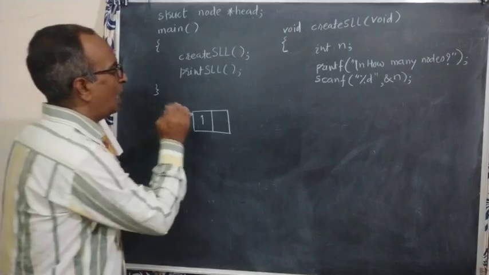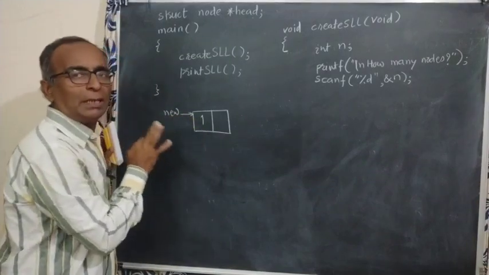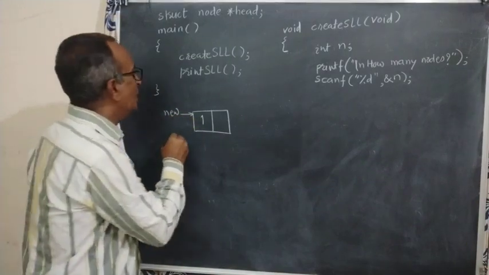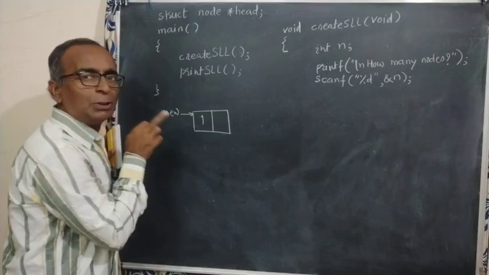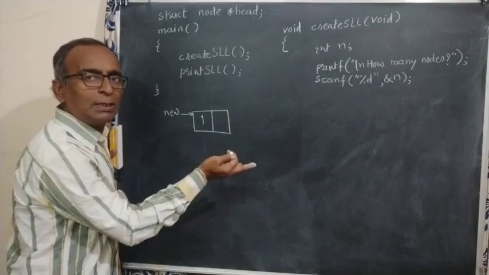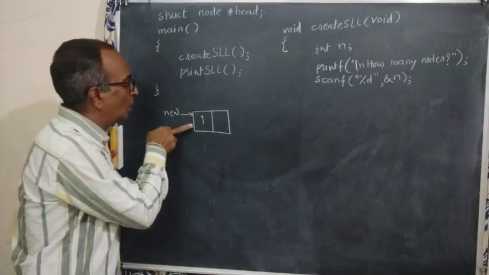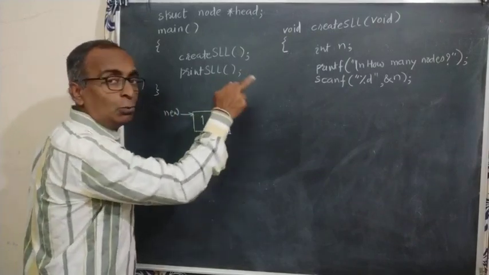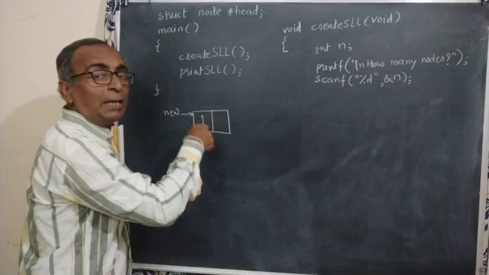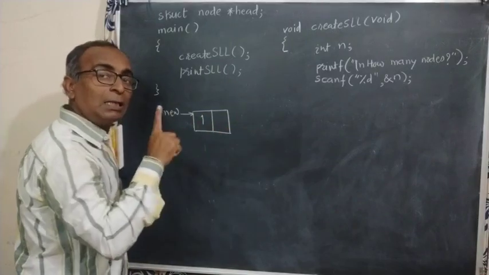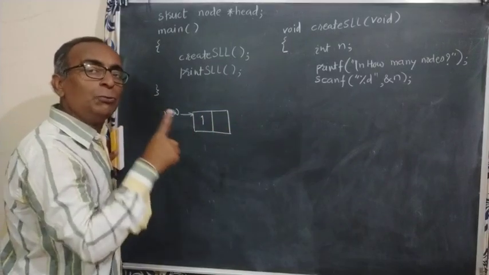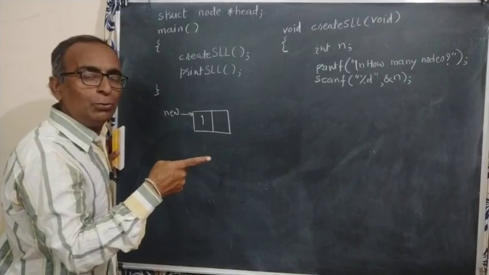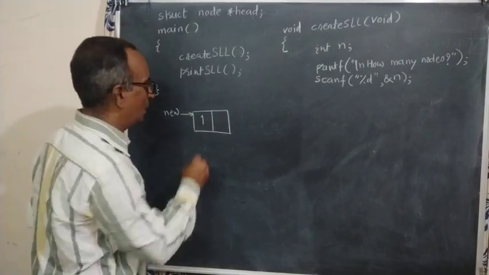Now when I am inserting, this will be the special case. Always we should retain the first node's address, but as we want to insert at the end, if you keep the last node's address also, that will be helpful to you. How it will be helpful, I'll tell you later.